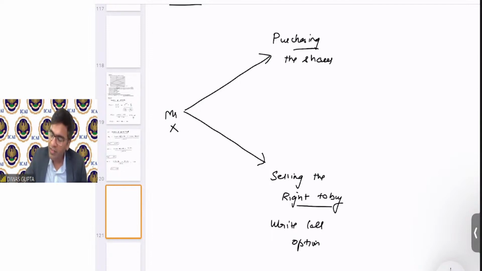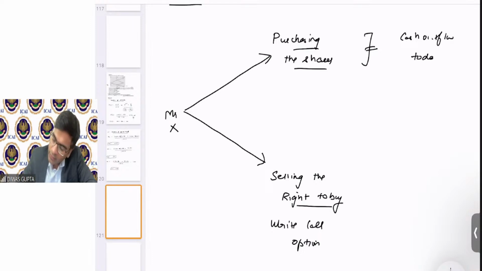Then, if I purchase the shares today, first of all, students, it will involve cash outflow today, correct?